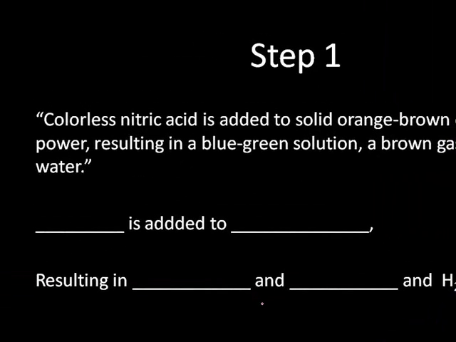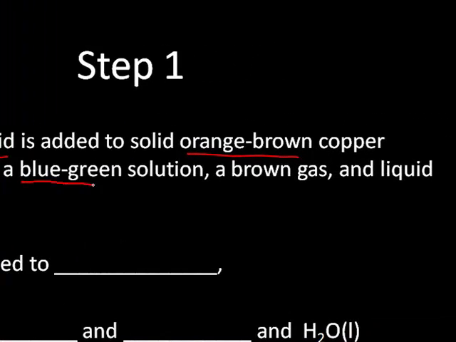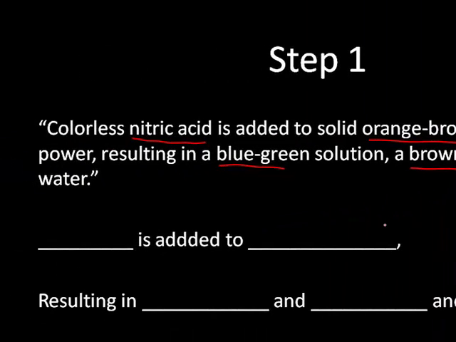So the first step of the reaction was that we had colorless nitric acid. It was being added to solid orange-brown copper powder. This resulted in a blue-green solution, brown gas, and liquid water. So this is a word sentence describing what we saw happening in the hood.